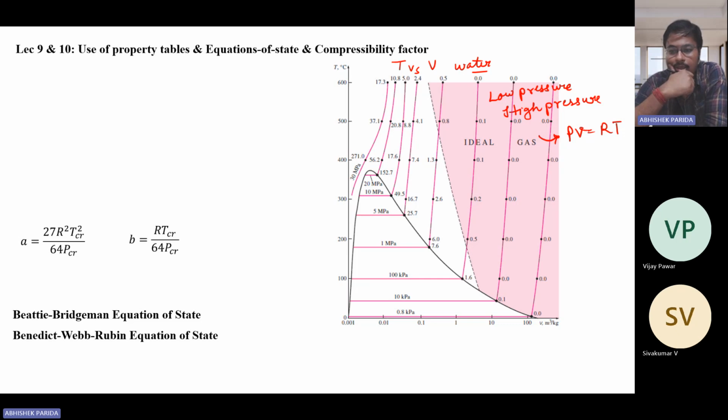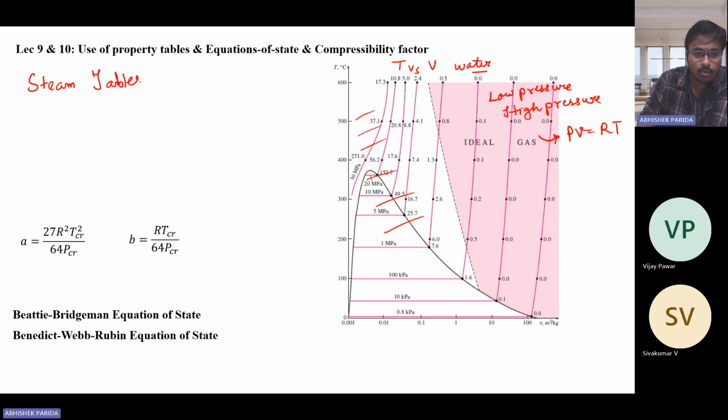But when we are coming to this location, we have to know the properties, and for that we use steam tables. I hope you have followed these lectures, where we have learned how to read the steam tables. Basically you will be having two tables.